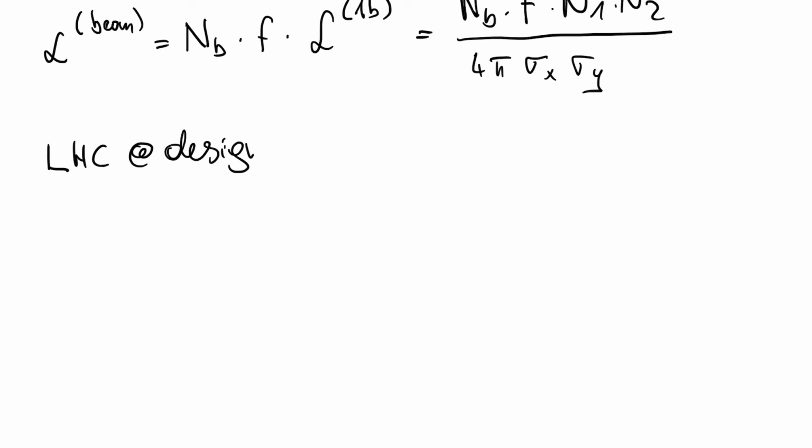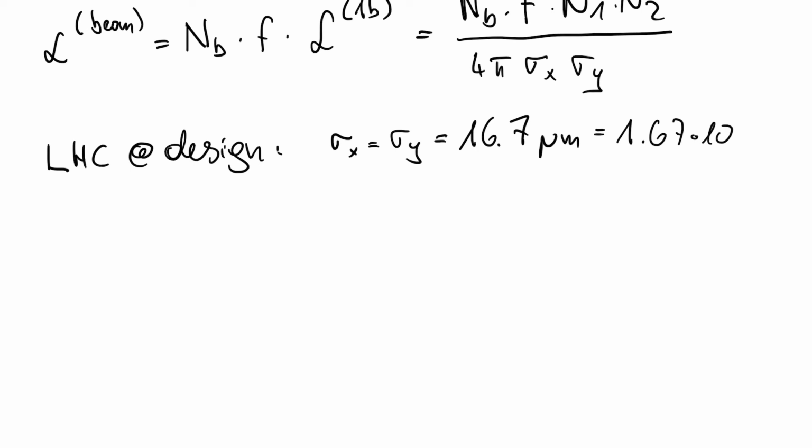Let's look at the numbers for the LHC as they were designed. These parameters have already been achieved in reality. Typical bunch width in the x and y direction are tens of microns. So here we use 16.7 micrometer, which we write in terms of a centimeter, because conventionally centimeter is used when quoting luminosities. That's pure convention. So it's 1.67 times 10 to the minus 3 centimeters.